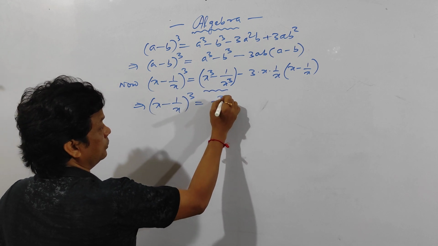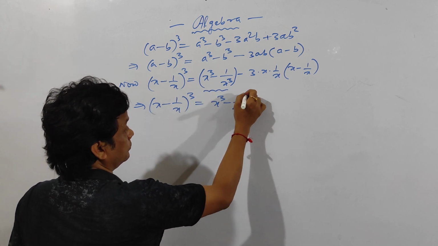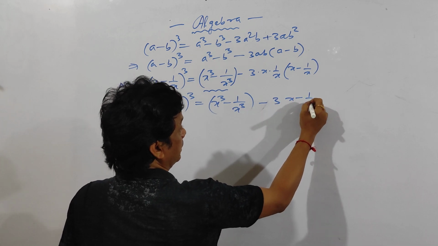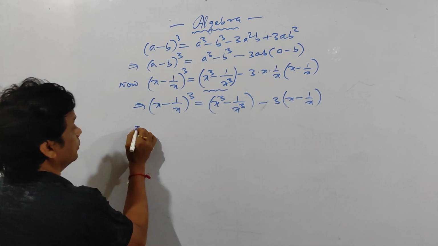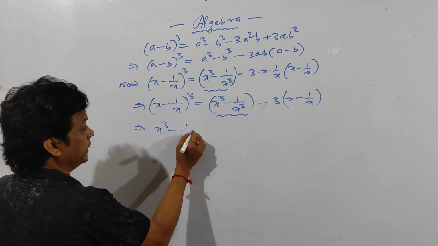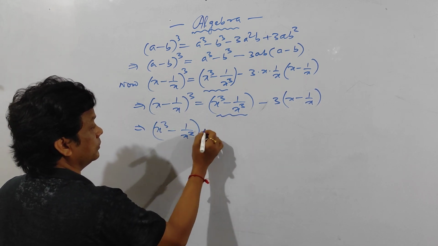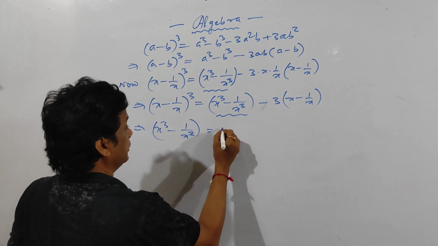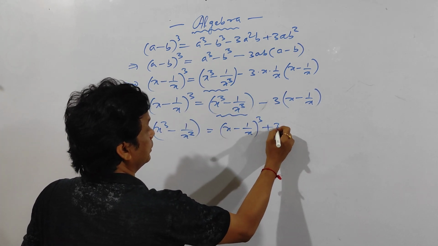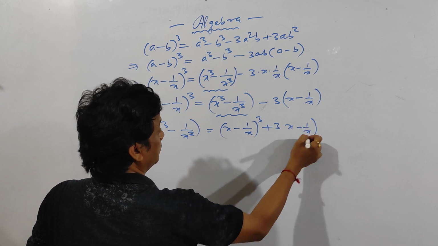Is equal to x cube minus 1 by x cube minus, x cancel out, 3 into x minus 1 by x. So what is the value of this part? X cube minus 1 by x cube will be, take this one to left hand side, become x minus 1 by x whole cube plus 3 into x minus 1 by x.